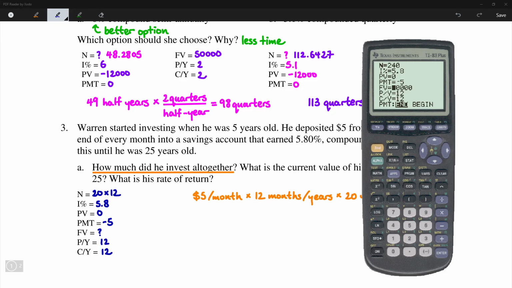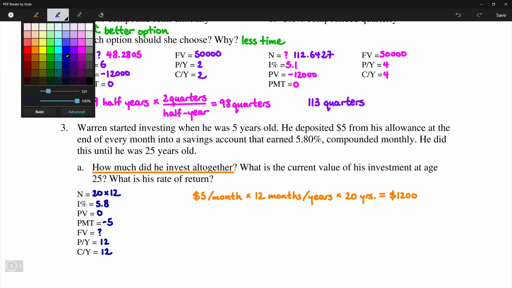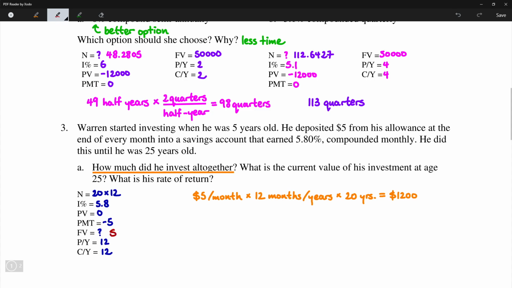Now we are looking for the future value, so we can solve for future value, and we get $2,256.24. Go ahead and write that down. So that's the second part. We found the current value.